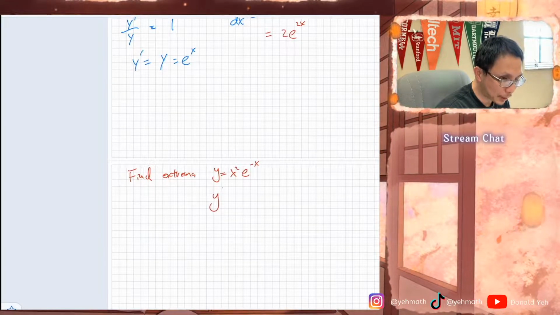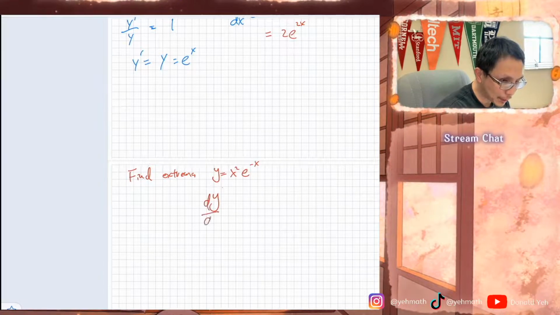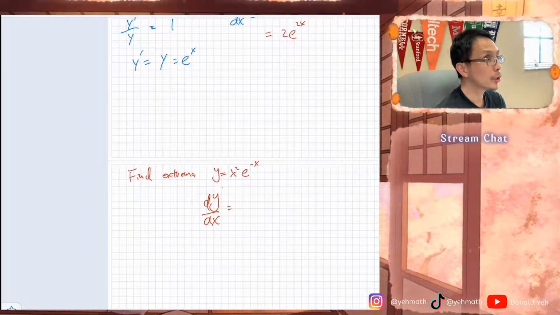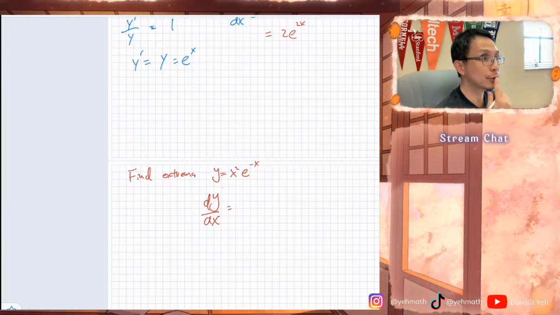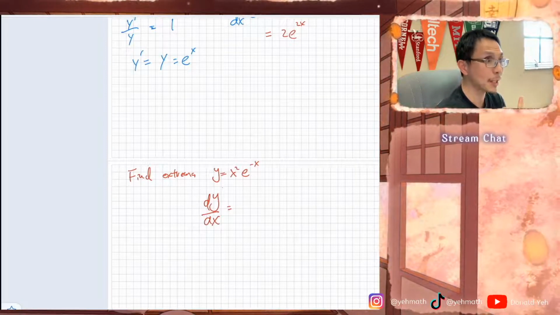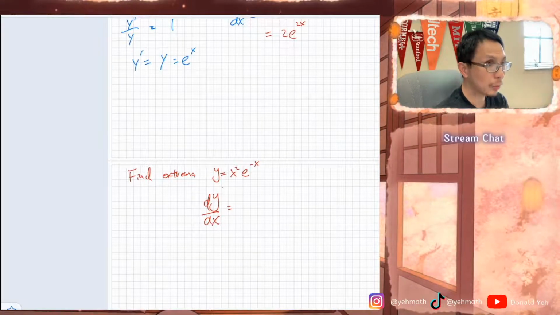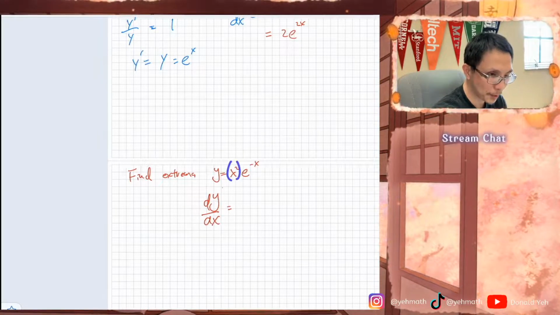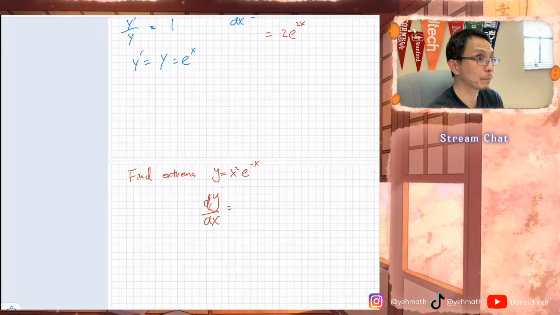So if I take a derivative, dy/dx, you don't want to do ln on both sides. You want to do product rule here because you have two functions multiplied by each other. This is the first function, this is the second function.